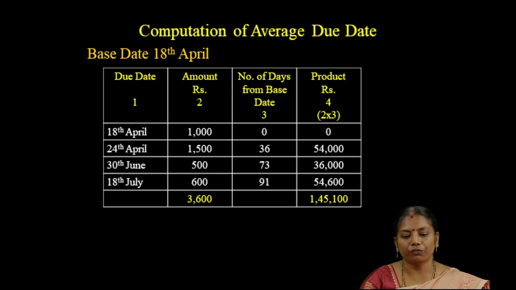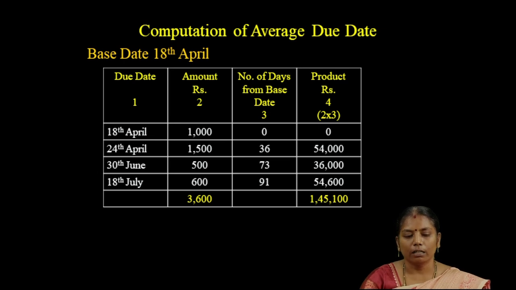Number of days from base date: the base date is 18th April, and from 18th April to the due date of 18th April there are no days, so we mention 0. In the product column, 1000 into 0 is 0.